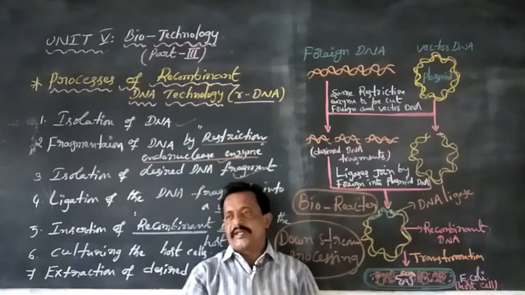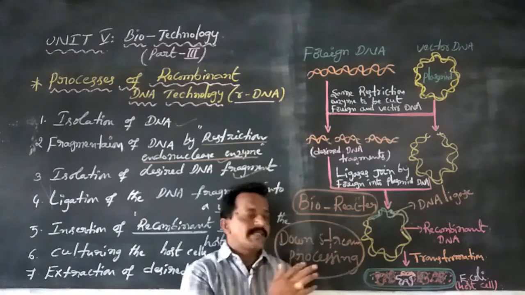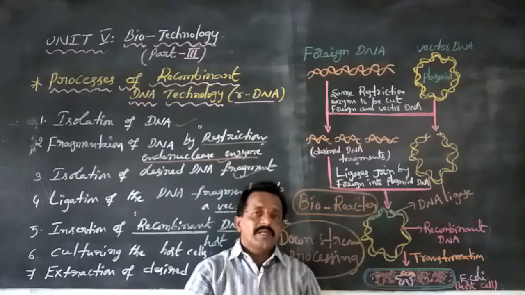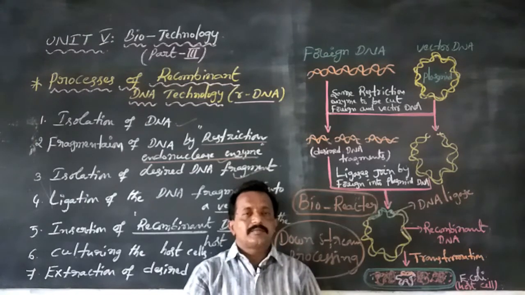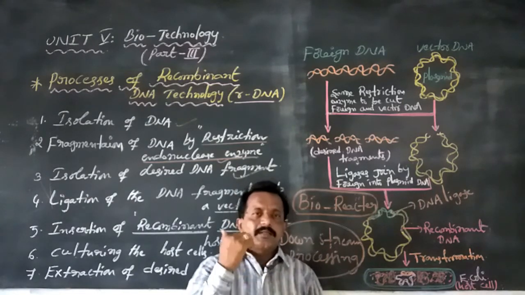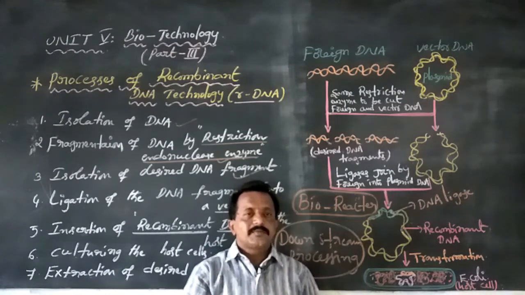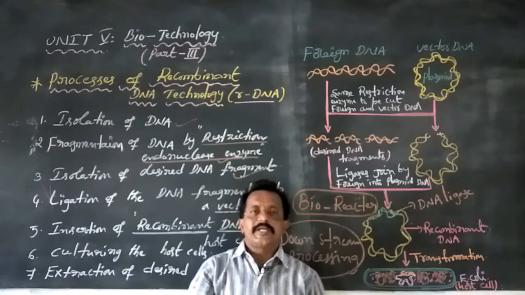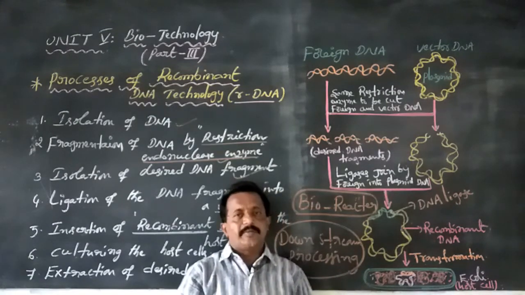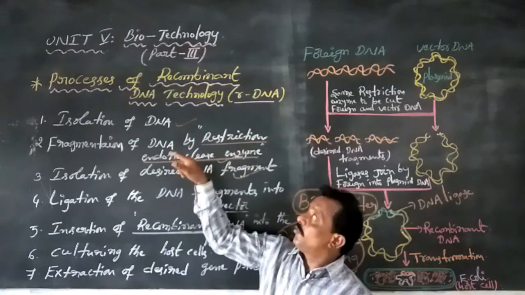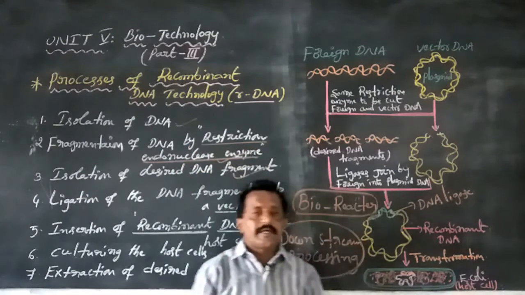So ultimately, every product to be produced, especially the desired proteins and desired enzymes, is nowadays produced by the recombinant DNA technology process. This is an overview of the process of recombinant DNA technology.